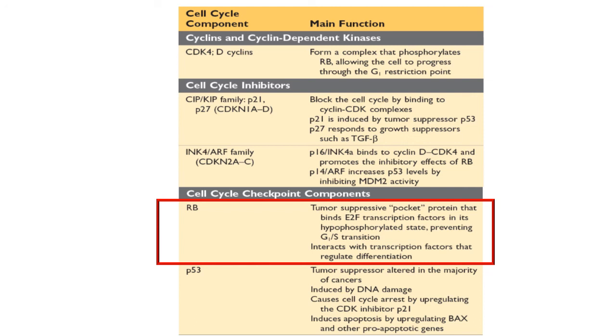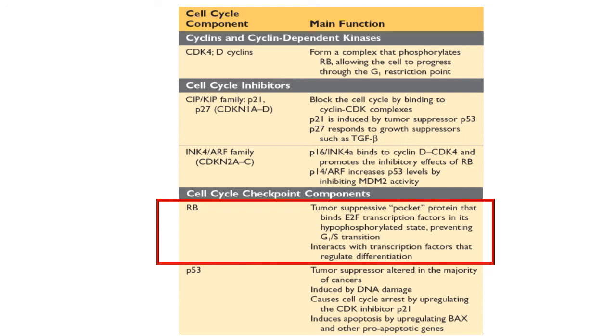Both are tumor suppressors. RB is a tumor suppressive pocket protein that binds the E2F transcription factor in its hypophosphorylated state and prevents G1 to S transition.